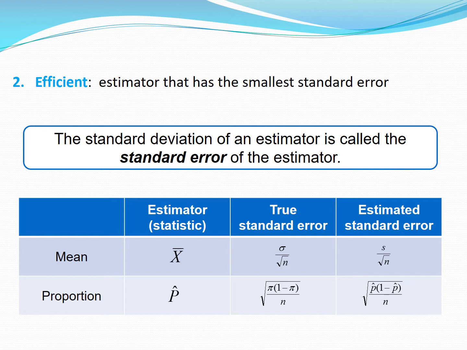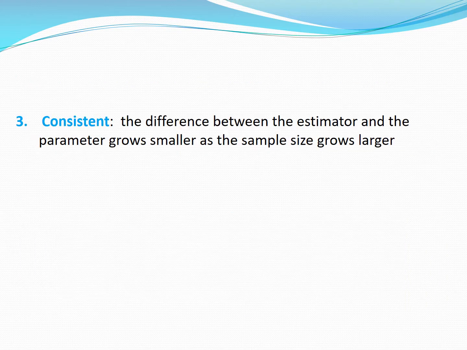So the population proportion will be estimated by the sample proportion. Lastly, we will choose the point estimate that is consistent. So if our sample size increases, the sample represents the population more, so the values of the parameters and the point estimators will be closer to each other as the difference becomes smaller.